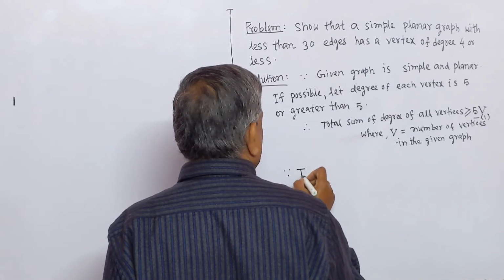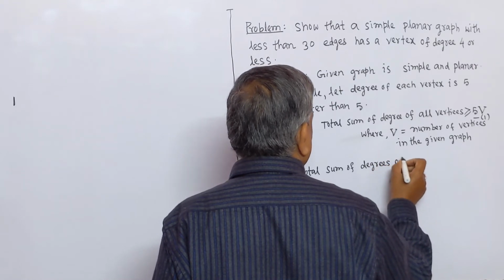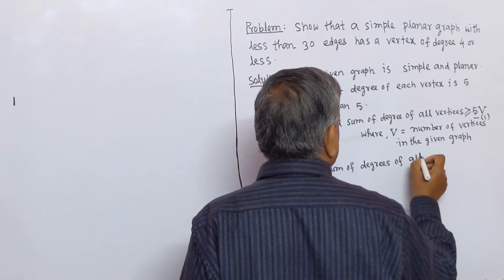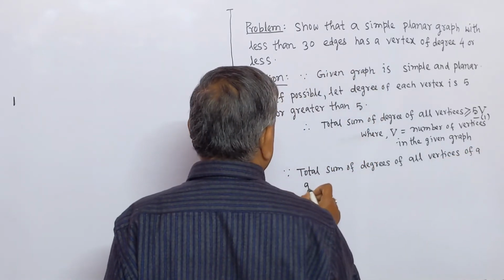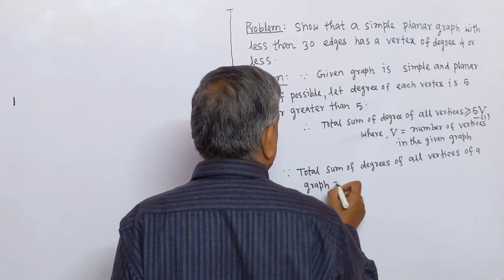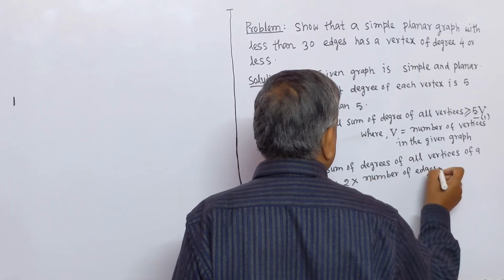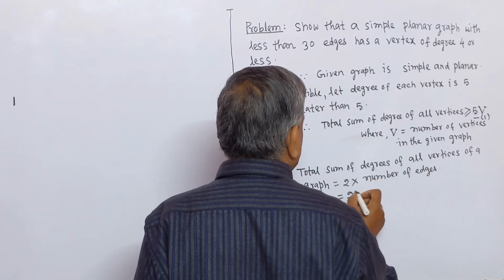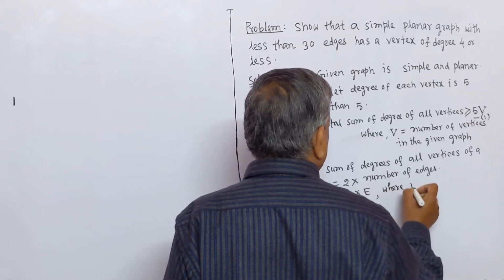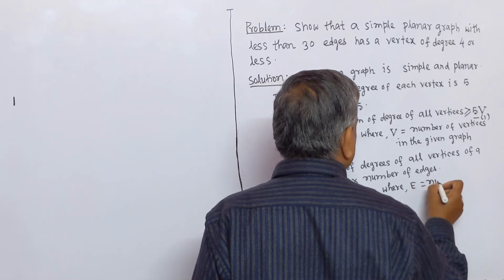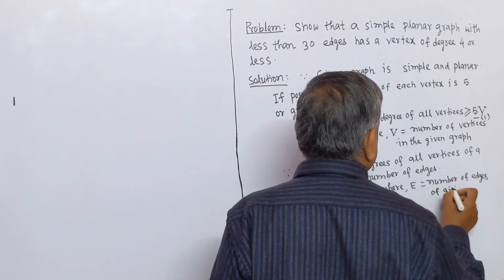Since the total sum of degrees of all vertices of a graph equals 2 multiplied by the number of edges, equal to 2E, where E equals the number of edges of the given graph.